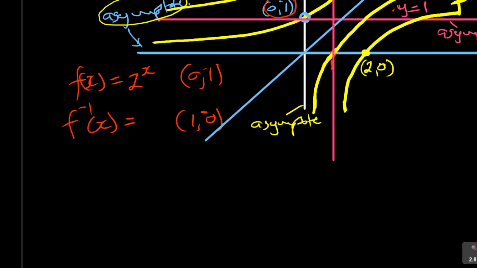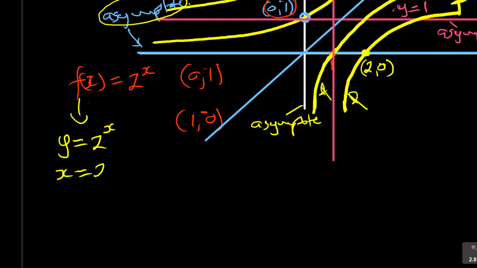But as we said, what is this graph? This one. Or what is this graph? This graph, for example, when you're changing to inverse, remember what we said, you interchange. You start from saying let f of x become y, so it will be y is 2 to the exponent x, and then you interchange: x is equal to 2 to the exponent y. Now from here, how do you make y the subject of the formula?